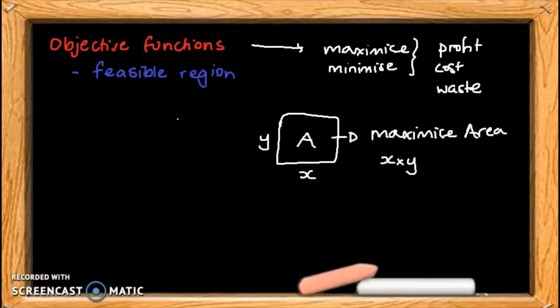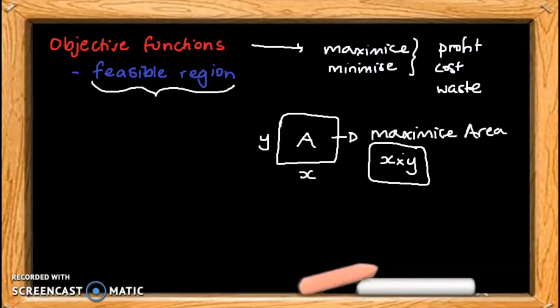So what we would do is look at our feasible region and all the values that are permitted in this problem, and find out which set of values gave x times y, or gave an area, the highest possible number, and therefore maximized the area.